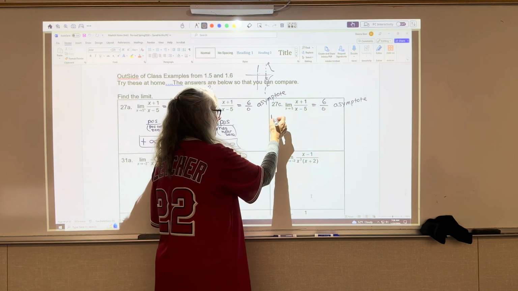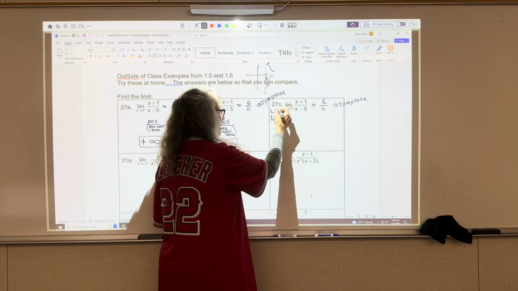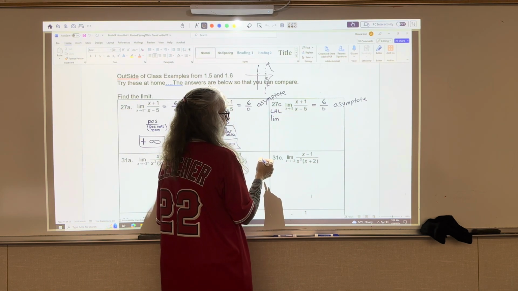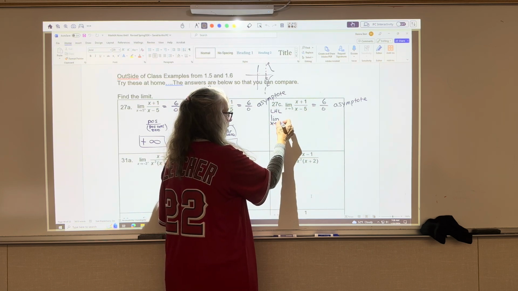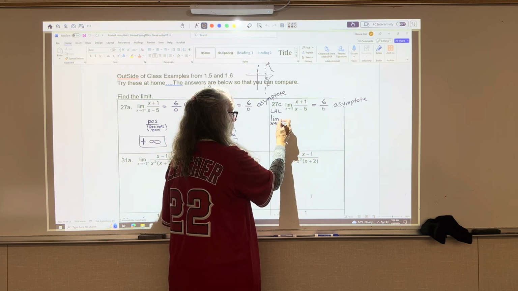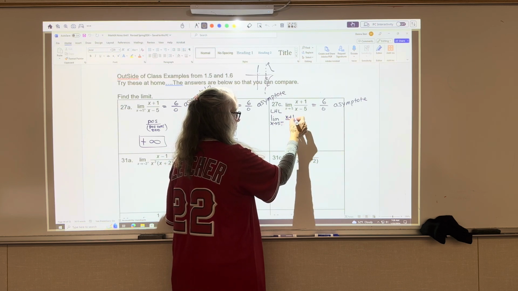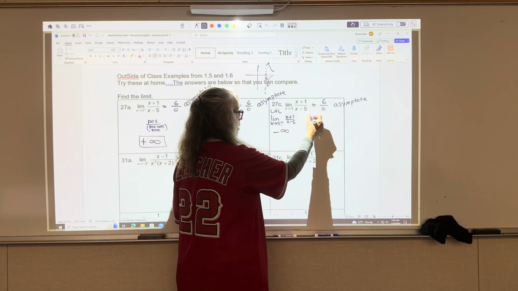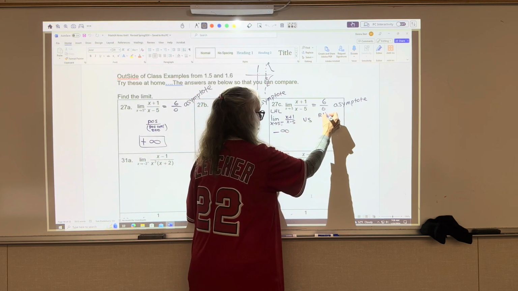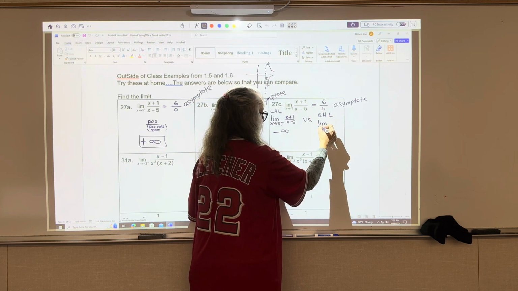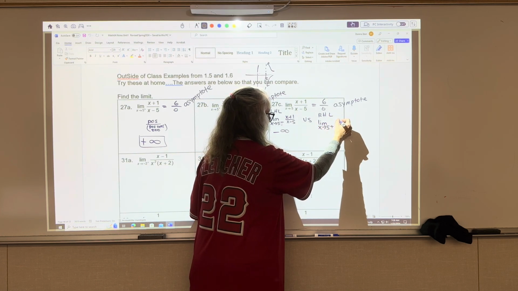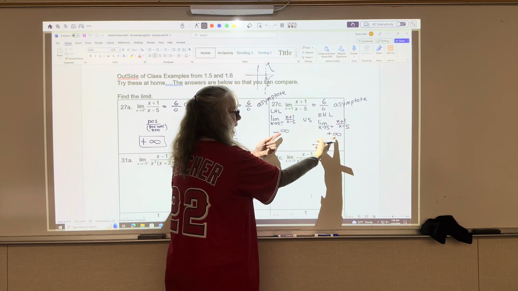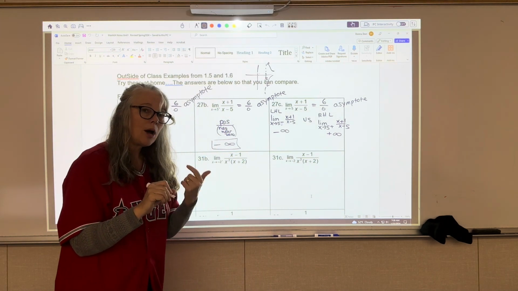The left-hand limit, no, that's the right-hand limit is 5 plus, and 5 minus, a little bit smaller, is the left-hand limit. We said that was negative infinity versus the right-hand limit, which we said was positive infinity. They have to be the same, otherwise the limit does not exist.